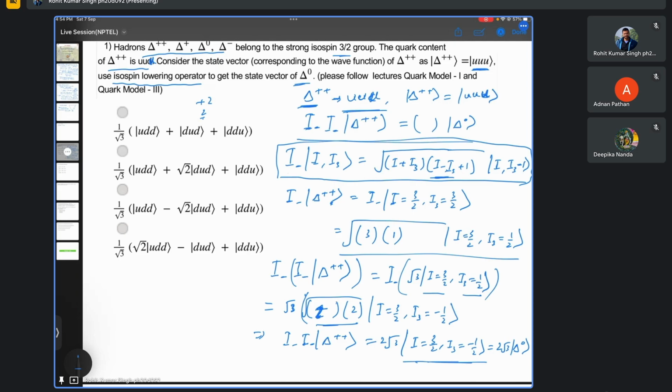Because in the problem it is not mentioned, but I'm guessing by looking at the options that we are just taking isospin half particles.